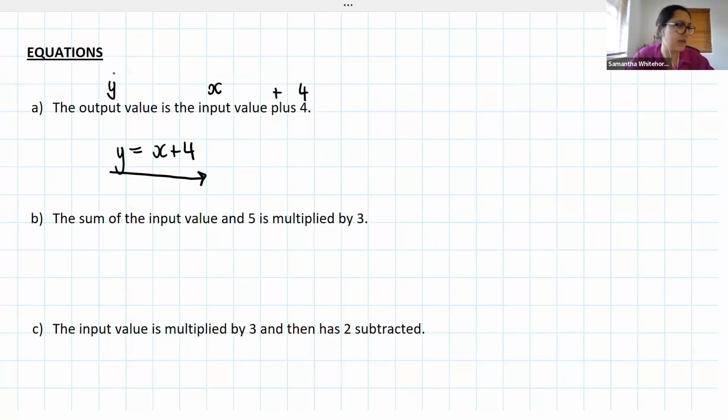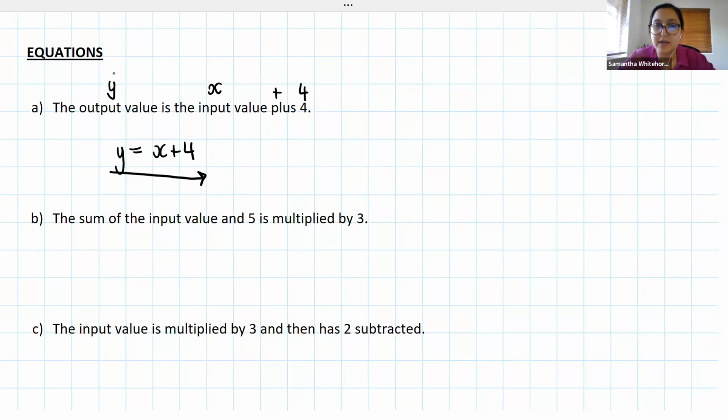Okay, so I'm going to read the second one, and then I want you to try and give me an equation there. B says: the sum of the input value and 5 is multiplied by 3. So the sum of the input value and 5 is multiplied by 3.